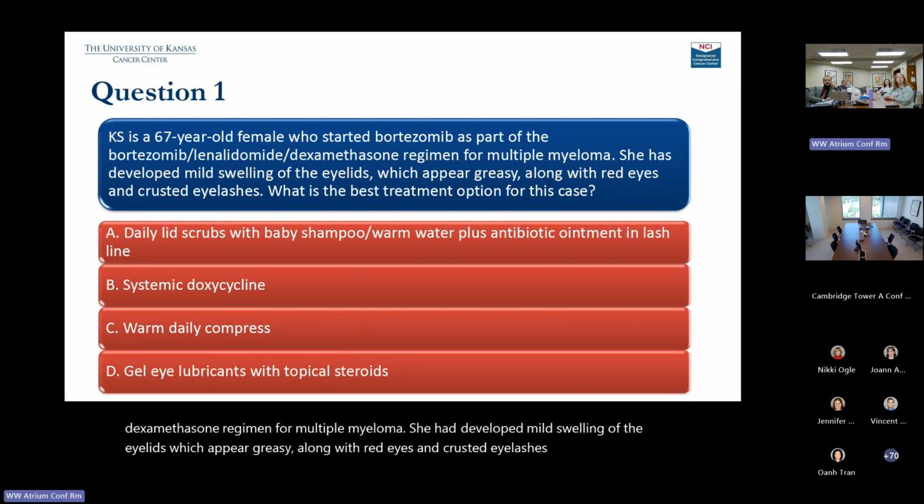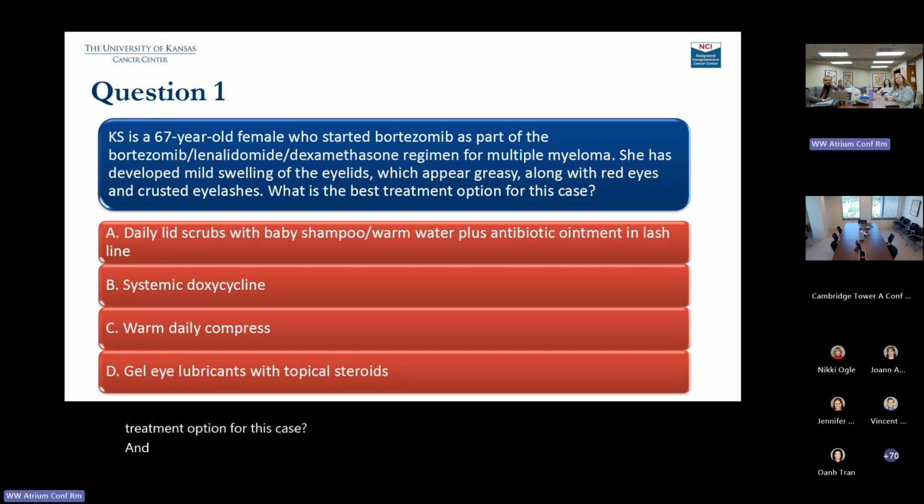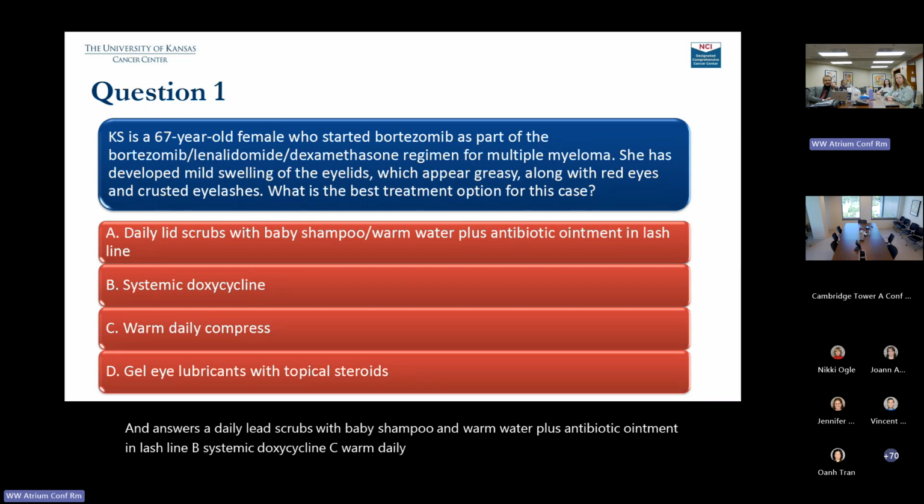What is the best treatment option for this case? Answers: A, daily lid scrubs with baby shampoo and warm water plus antibiotic ointment on the lash line. B, systemic doxycycline. C, warm daily compress. And D, gel eye lubrication with topical steroids.